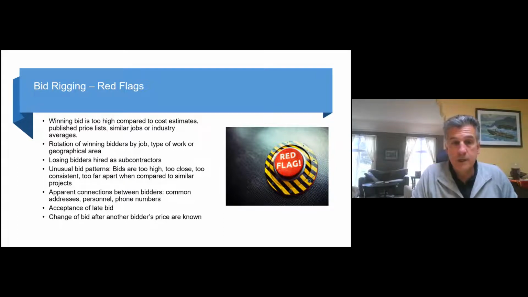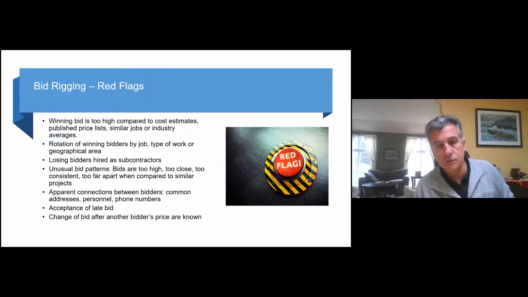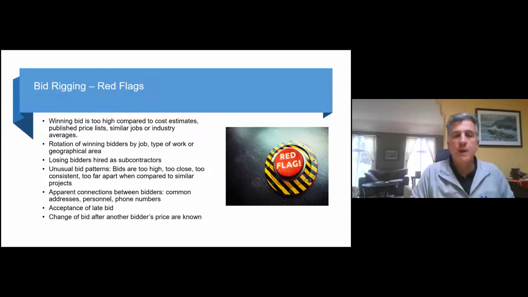You're out there on a day-to-day basis and you're processing these kinds of contracts. You'll have a sense of who the players are, who's out there, and what prices are out there in the industry. There's standards or lists. There's other jobs at UCSF bids. So when you start seeing things that are out of that norm, that might be a red flag.